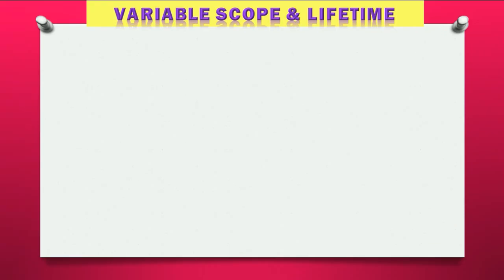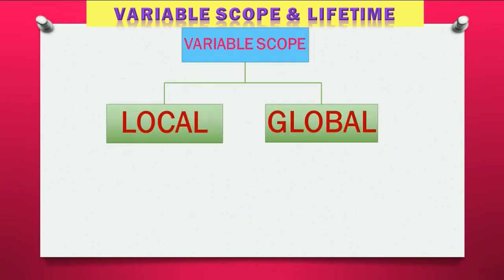Now let us see what do we mean by variable scope and lifetime. Variable scope can be of two types, local and global. Let us see the example of local scope of a variable. Here in this example we can see one function is defined, and inside the function the variable a is created, and 15 is assigned to a, and we are going to print a inside the function.